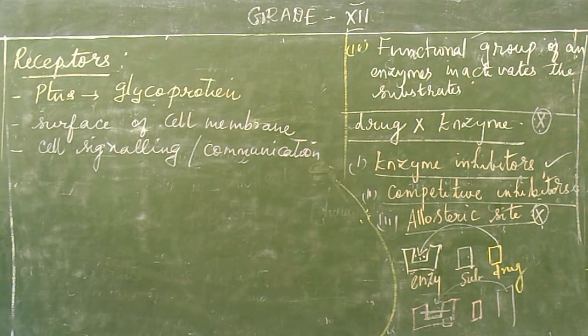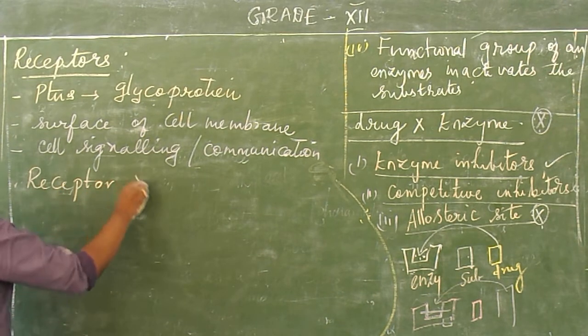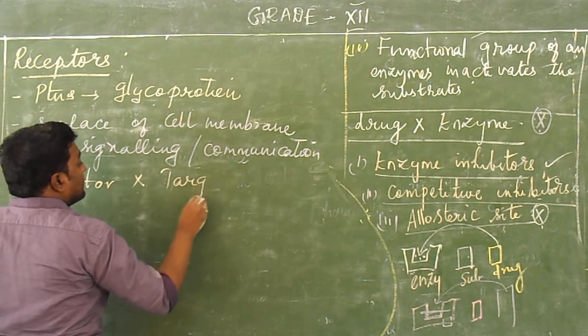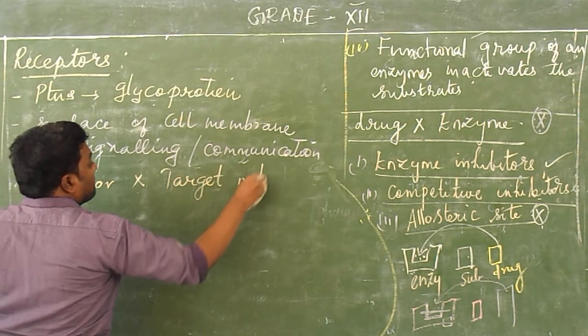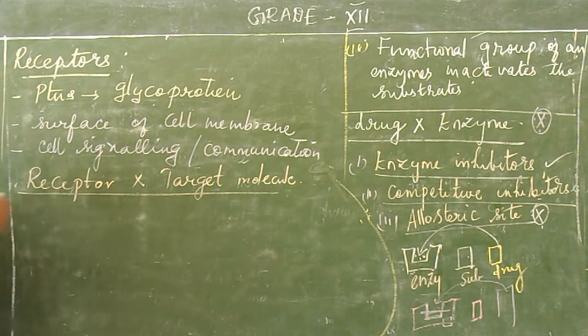Now we go for receptor targeting, or interacting with the target molecule. We see the natural process taking place inside the living organism. First we must know the structure of the receptor.